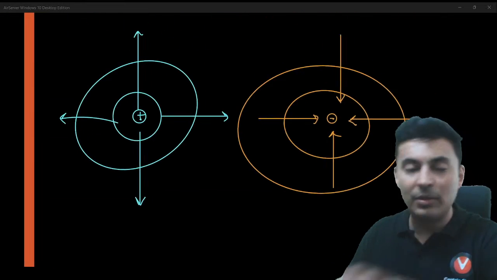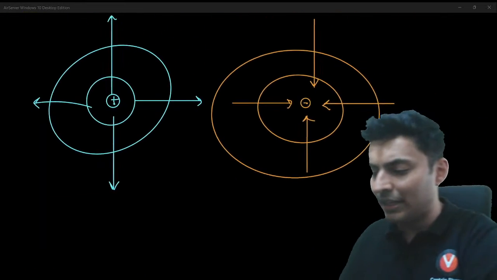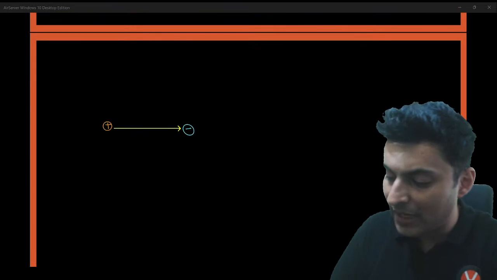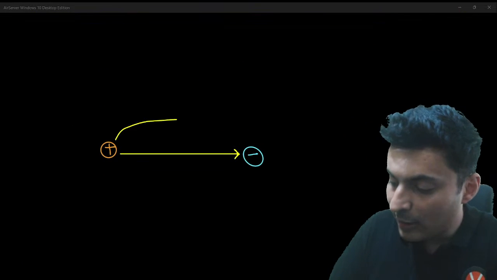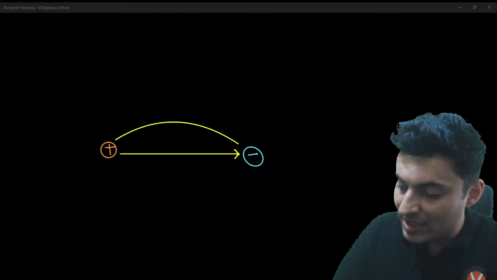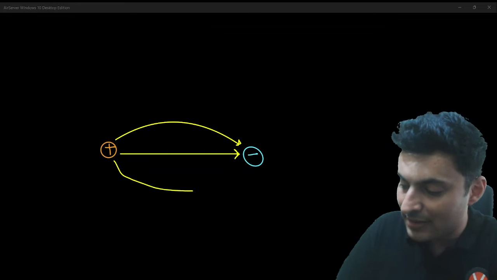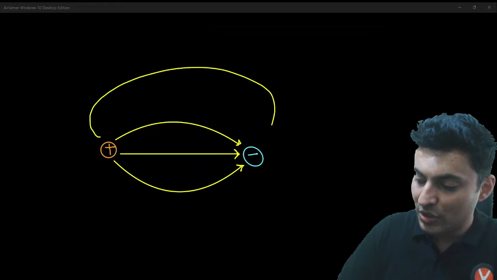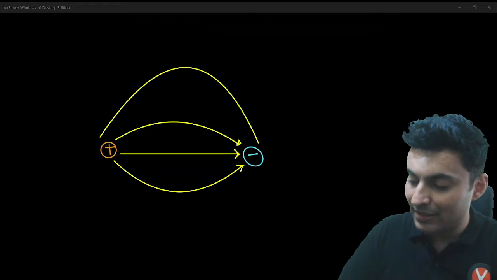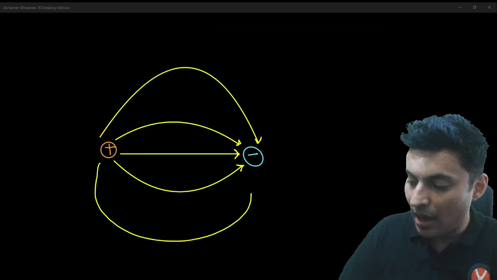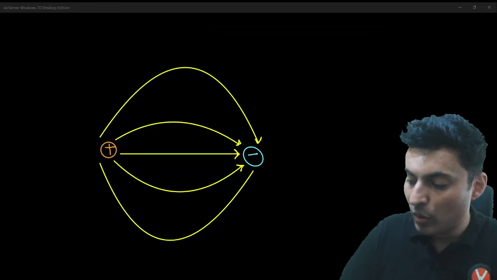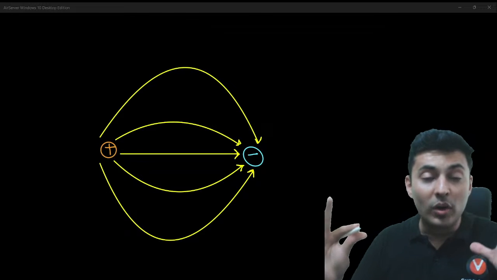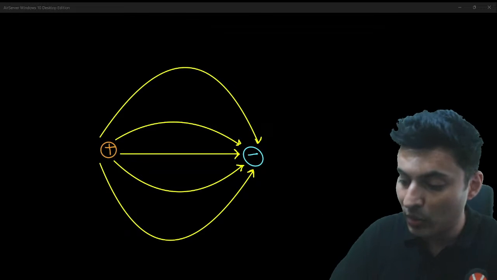Earlier they were separate. Remember, one positive was far away from the other negative. Here both of them are close by. Then the field lines will be because of both of them, and they will start curving something like this. So this is how the field lines look like when both positive and negative charges are kept together.